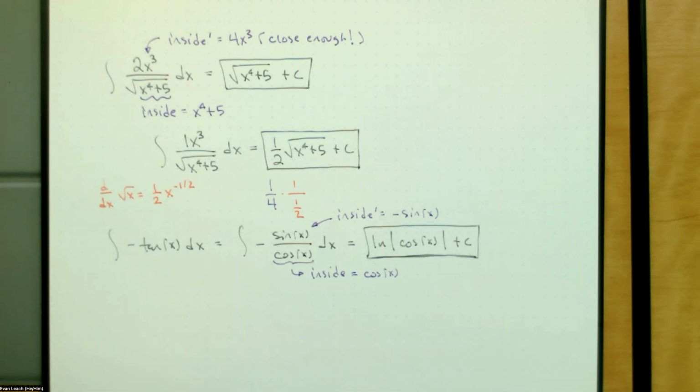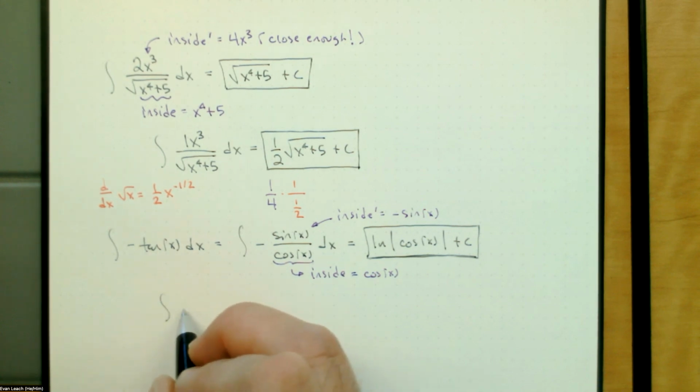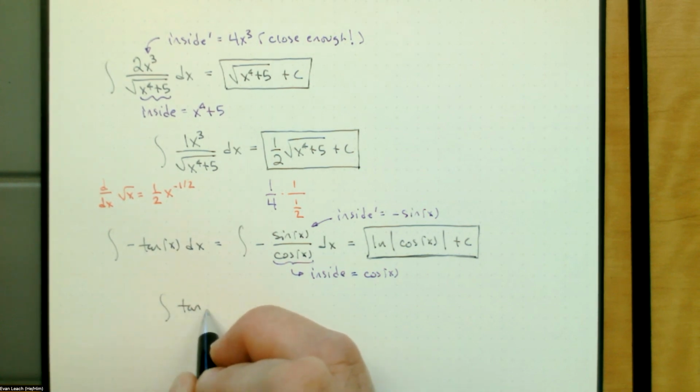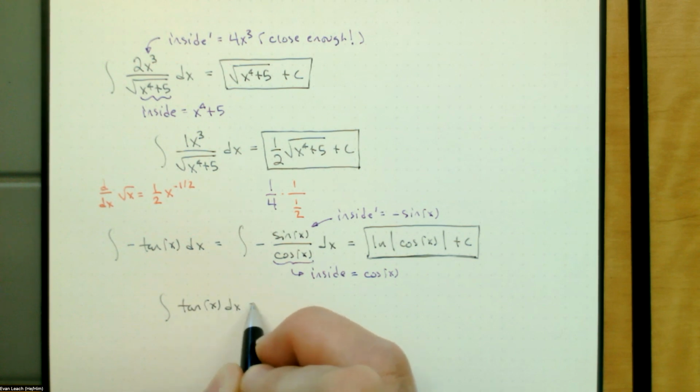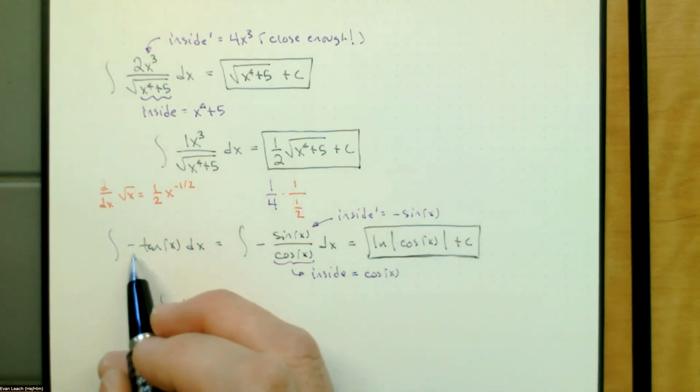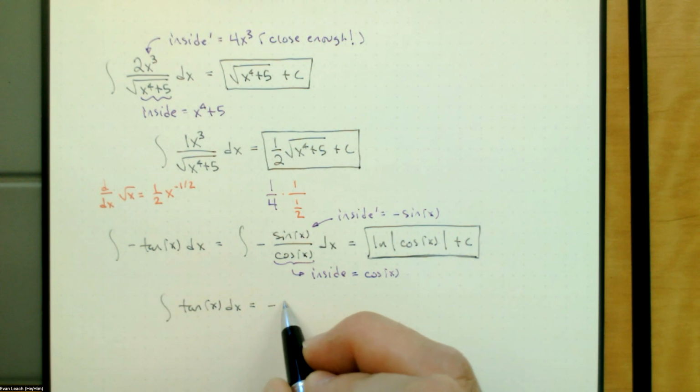And the variation would just be some fraction or some constants. So if we just had the integral of tangent x, we've dropped the negative, so the negative shows up on the integral side.